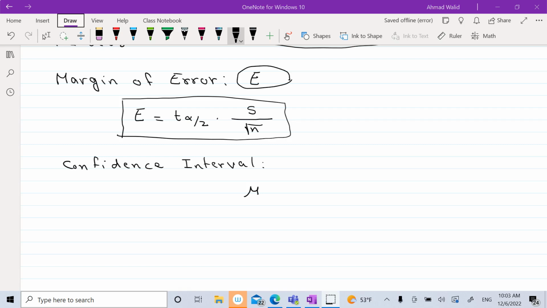To build the confidence interval, because our target is to estimate the population mean, we use mu in the center. Of course, our point estimate for the mean of the population will be x bar, the sample mean, correct? Plus margin of error. And on this side, x bar minus margin of error.